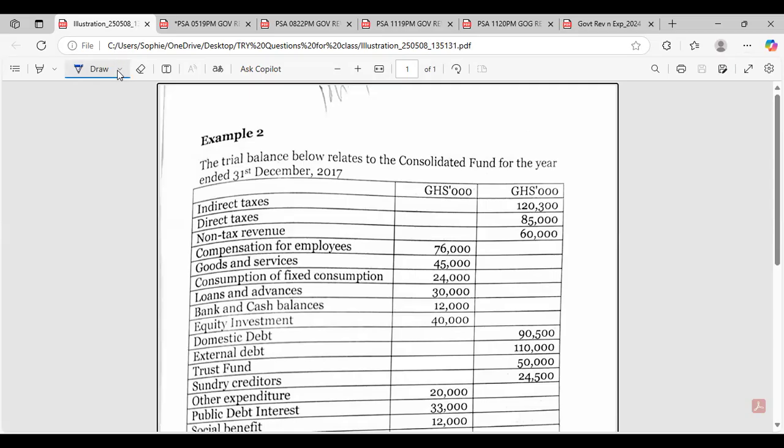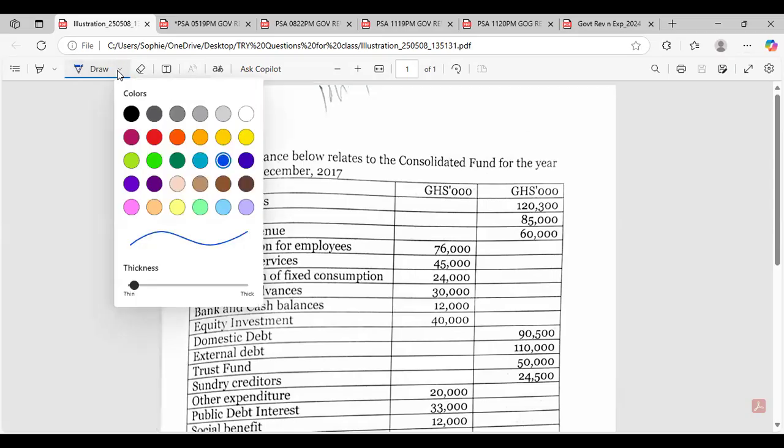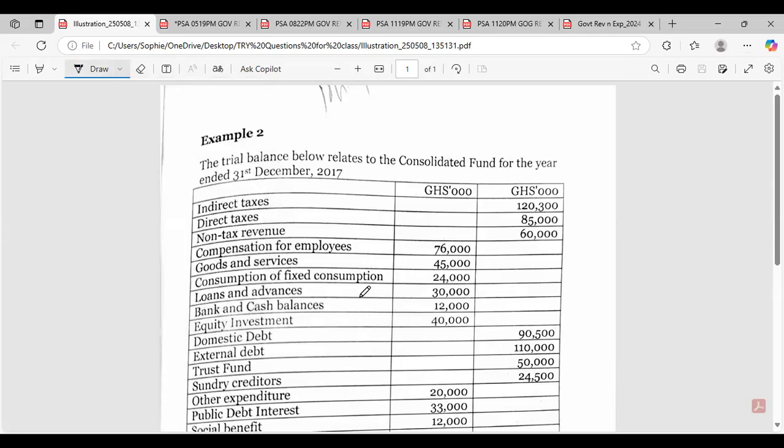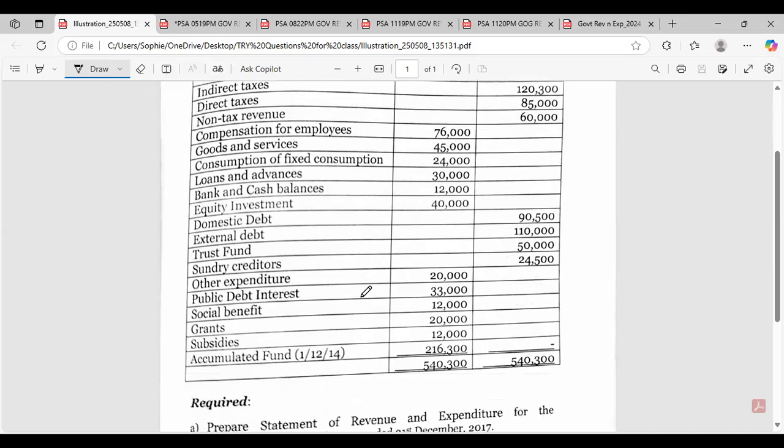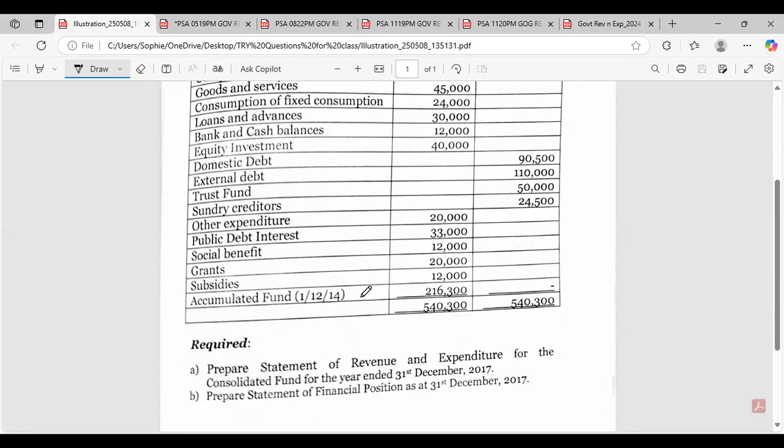The indirect tax, direct tax, non-tax revenue, compensation for employees, goods and services, consumption, loans and advances, bank and cash balance, equity investment, domestic debt, external debt, trust fund, sundry creditors, other expenditure, public debt interest, social benefit, grants, subsidies, accumulated fund.